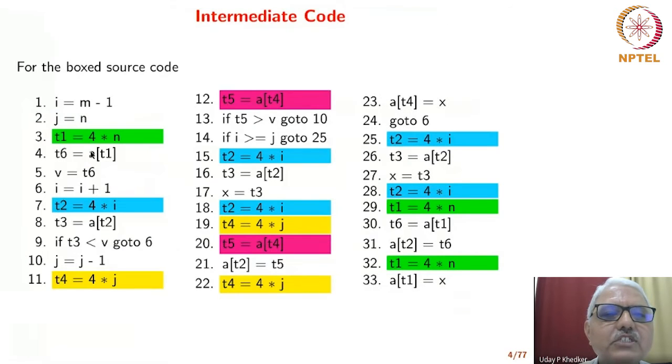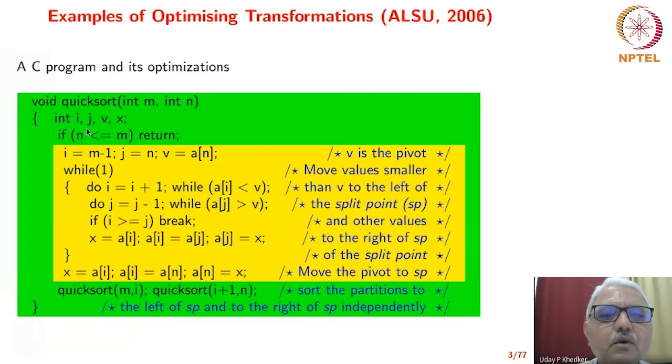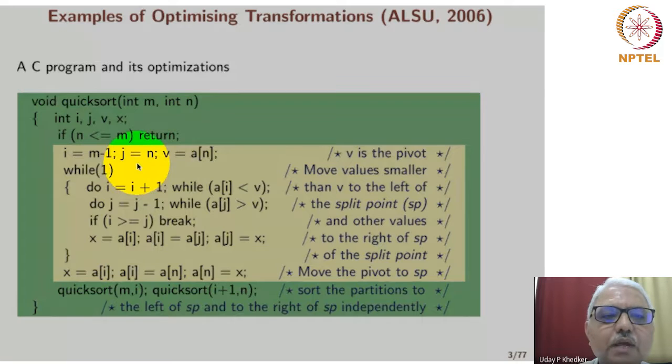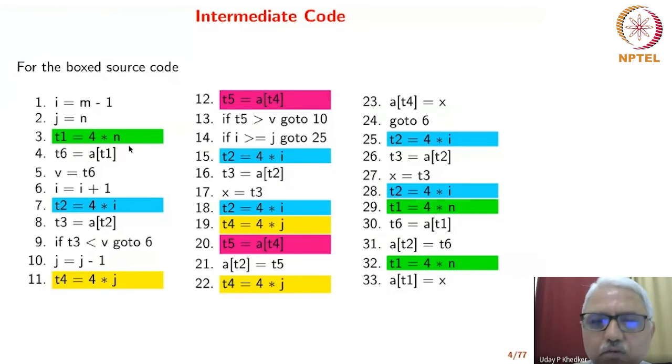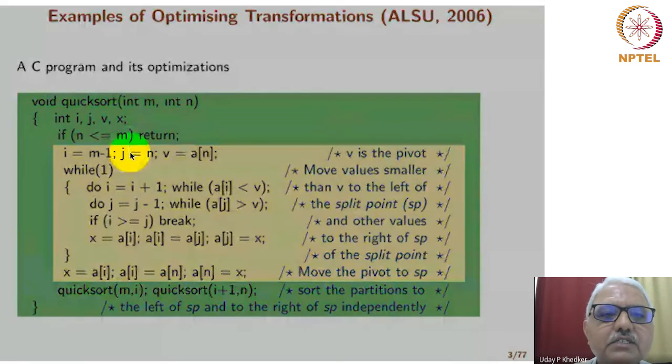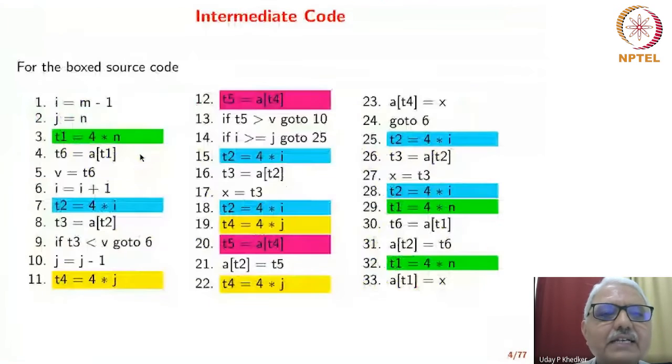And we have then j = n, which corresponds to this assignment j = n, which gets reflected as j = n.